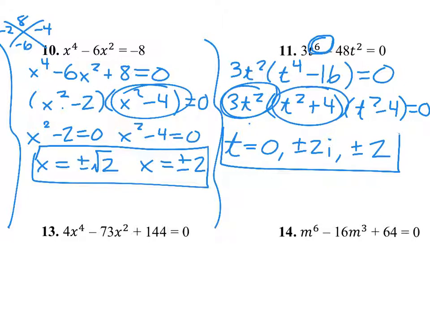The reason it looks like we only got 5 is because 0 is a double root here. So 0, plugging in for both of those t's, gives us a double root, and then we have 4 more, so we have a total of 6 roots. So there's 4 from plus or minus 2i and plus or minus 2, and then 0 is a double root.